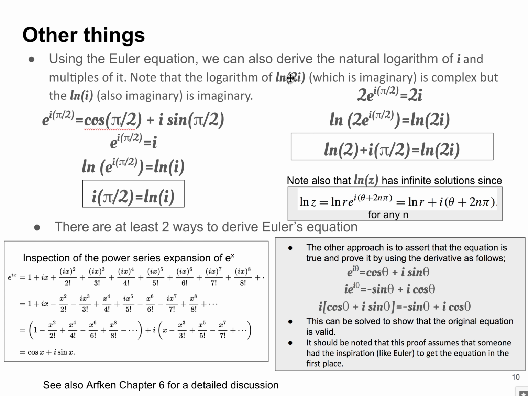So the logarithm of 2i is equal to the logarithm of the real number 2 plus this business, and you get this by using Euler's equation. So the logarithm of 2i is actually a complex number.